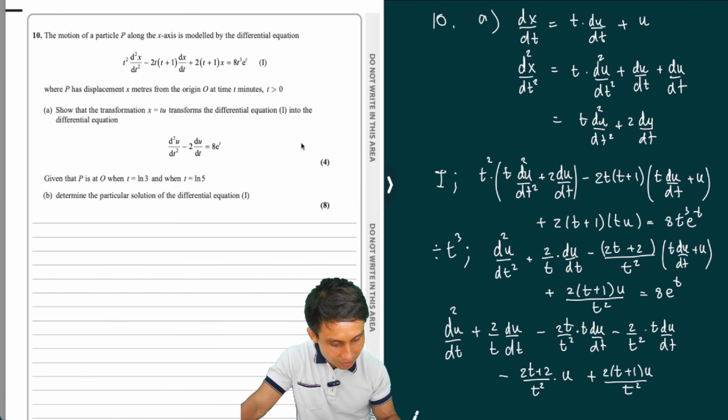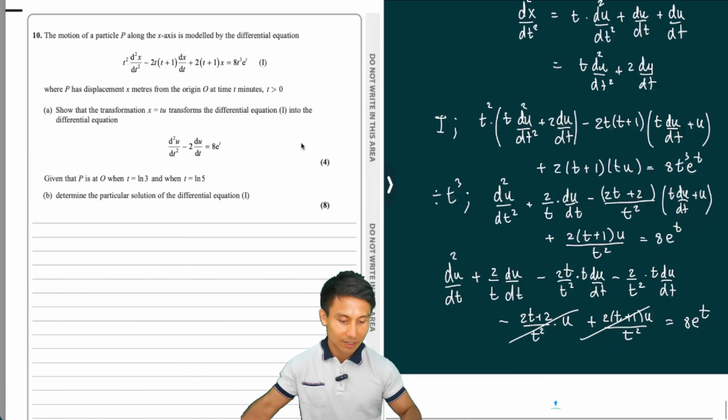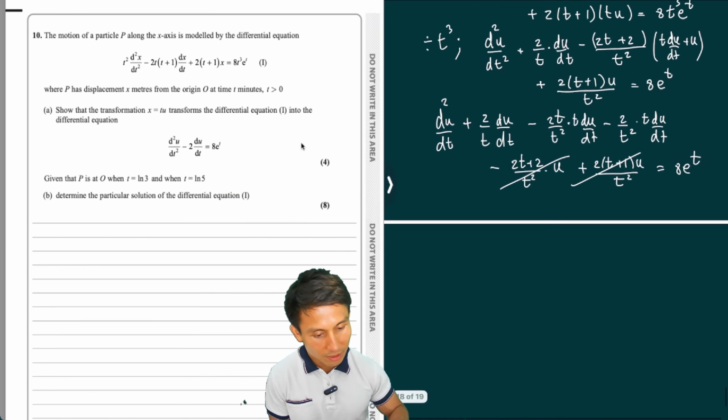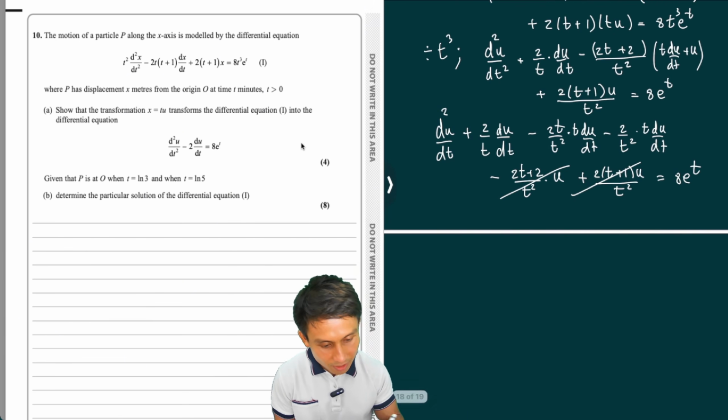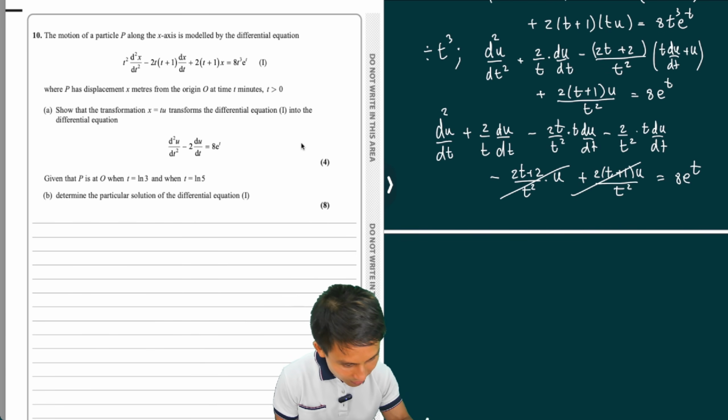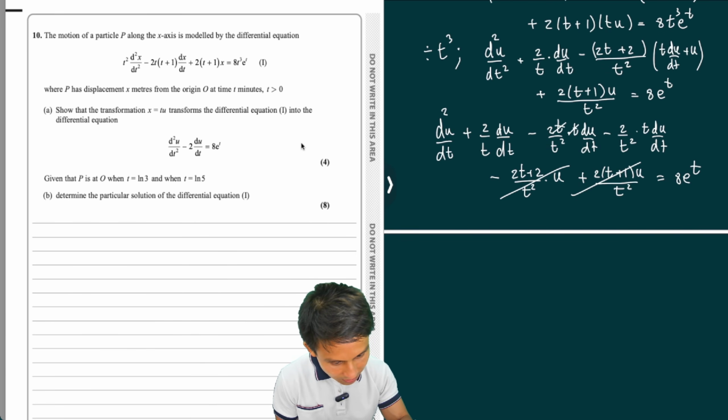You see that they are the same, so this one and this one are the same term, so they can cancel. That's why I don't expand everything yet, because there will be a lot of work there if you do. Now, as you can see, there's some simplification here we can already do as well.